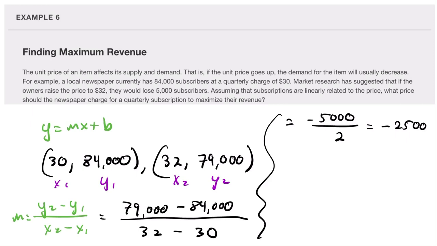Let me see. So let's see if we can create a revenue function. The money generated, right? So the revenue is going to be the price of the newspaper times the number of subscribers.